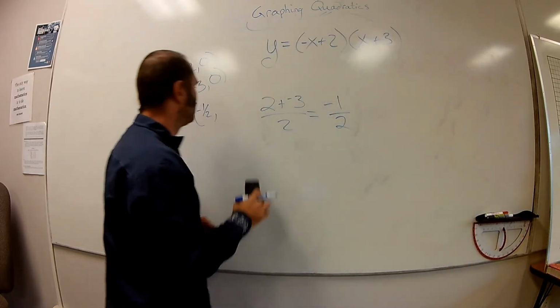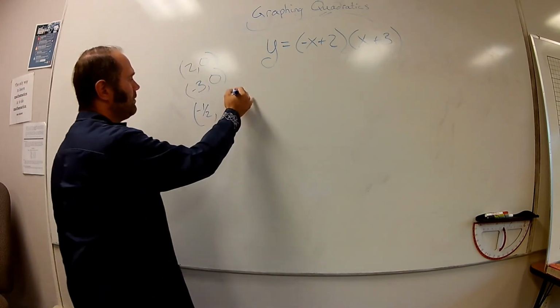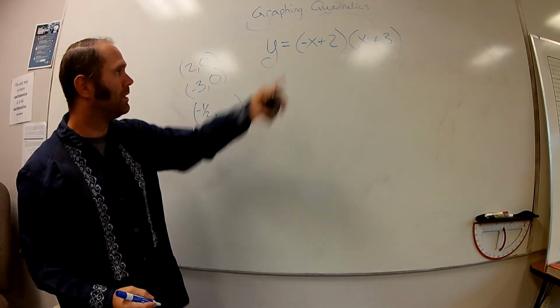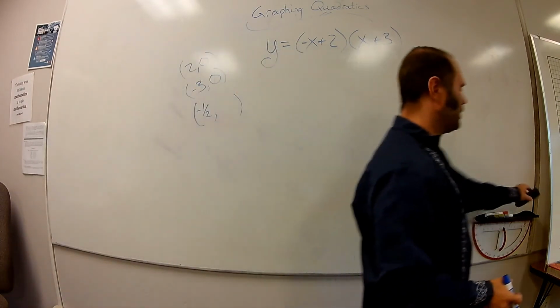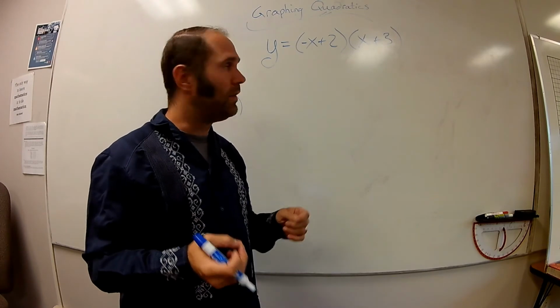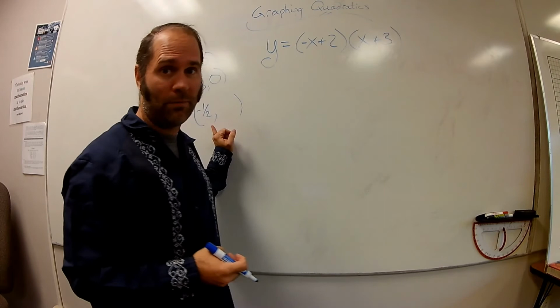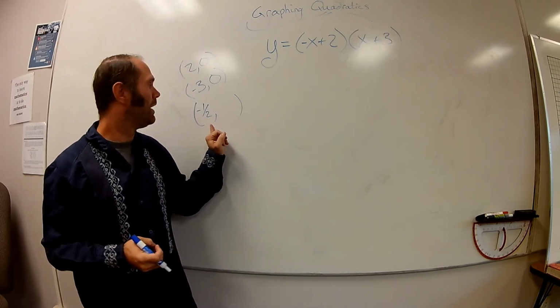So negative 1 half comma y. We're going to need to find the y. So we're going to plug this back in and solve. This is probably the most painful part of this type of equation, is you have to plug this number back in, and it's a fraction.